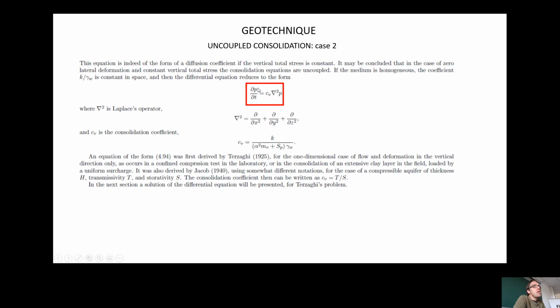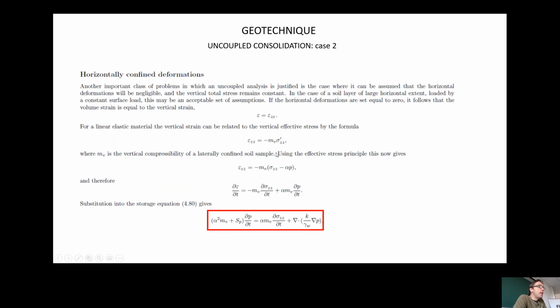So the rate of change of the pressure is equal to the Laplacian of the pressure multiplied by cv. This operator, the gradient squared, is the Laplace operator, while cv is what we introduced, the consolidation coefficient.